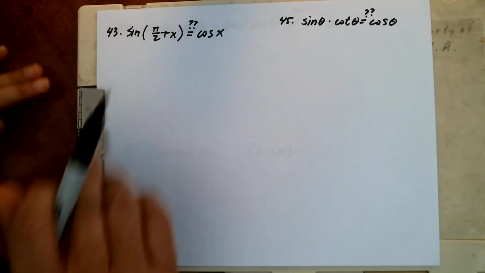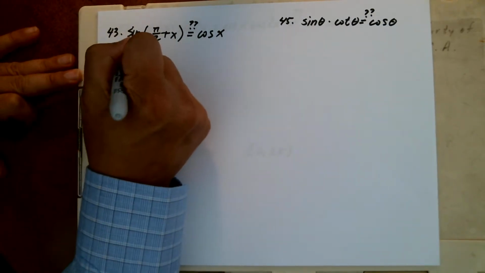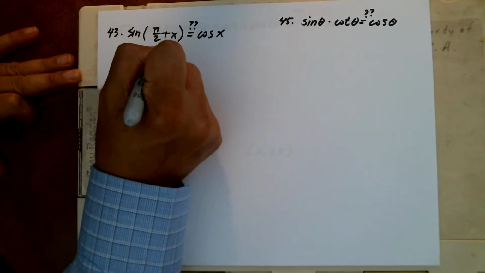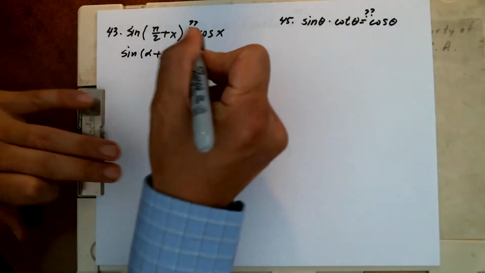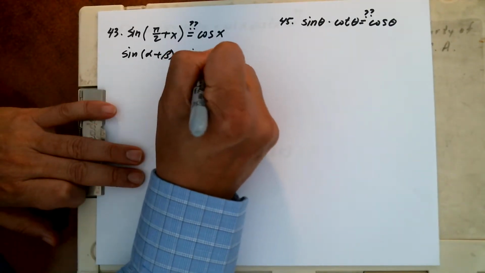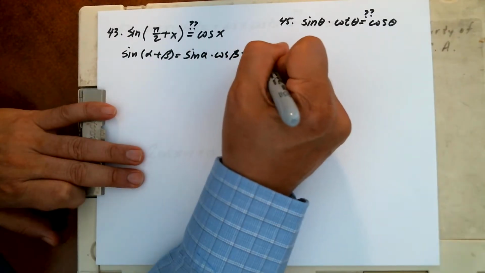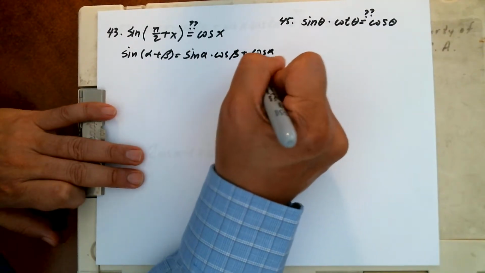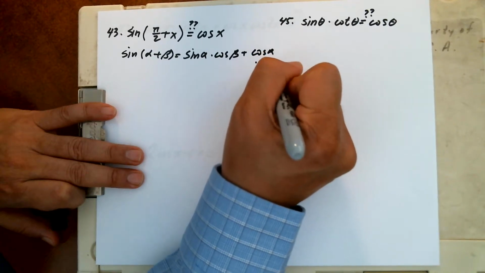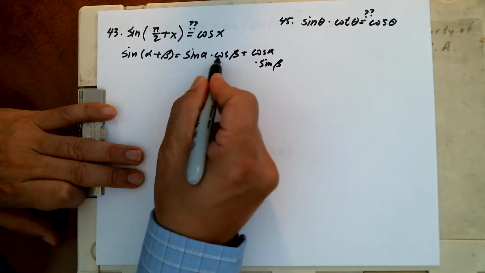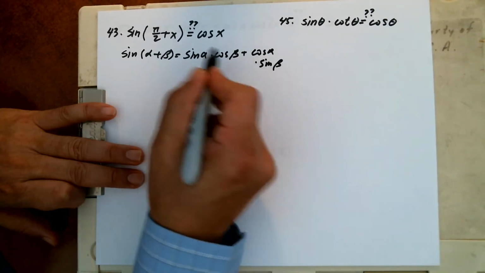We know that sine of alpha plus beta is equal to sine of alpha times cosine of beta plus cosine of alpha times sine of beta. Sine, cosine, cosine, sine, alpha, beta, alpha, beta.